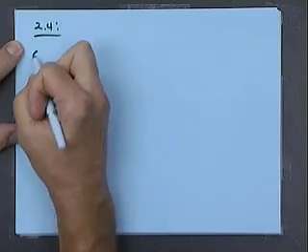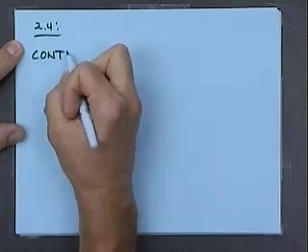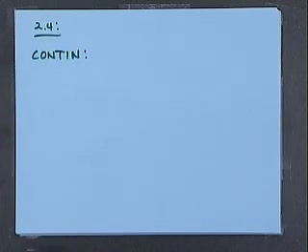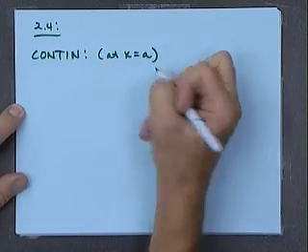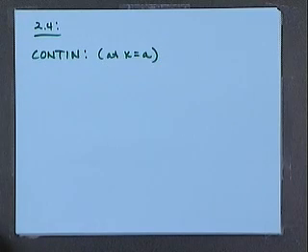We're in the midst of wrapping up continuity. Let's review real quickly. This is from section 2.4. If you're going to see if a function is continuous at a certain point, so let's say at x equals a, somebody tell me the first thing you would want to check.